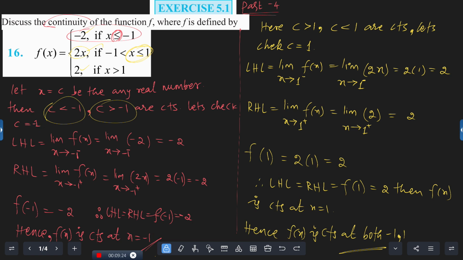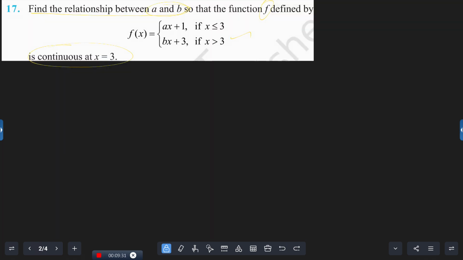So in the next question, in question number 17, what they gave is that f of x is continuous at 3. That means left hand limit, right hand limit and function value at 3 will be equal. That is the given condition. Okay, so this we have to take.